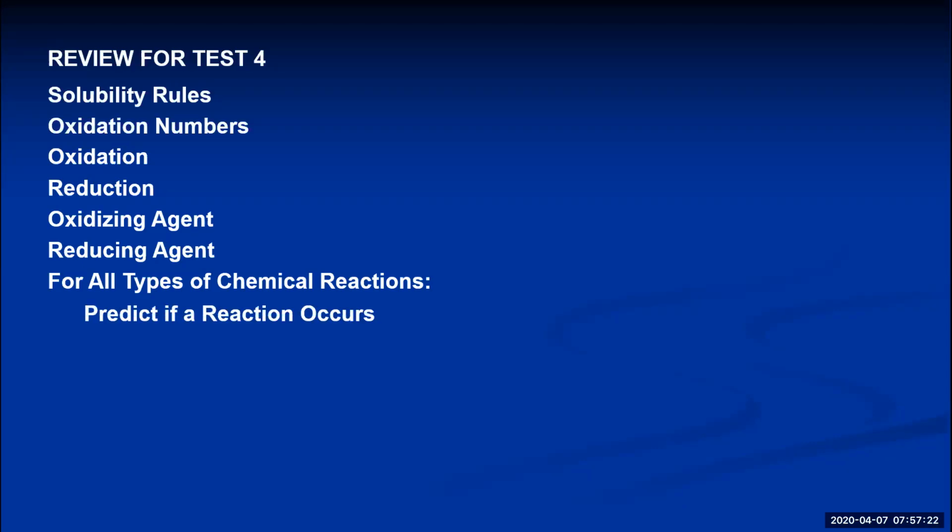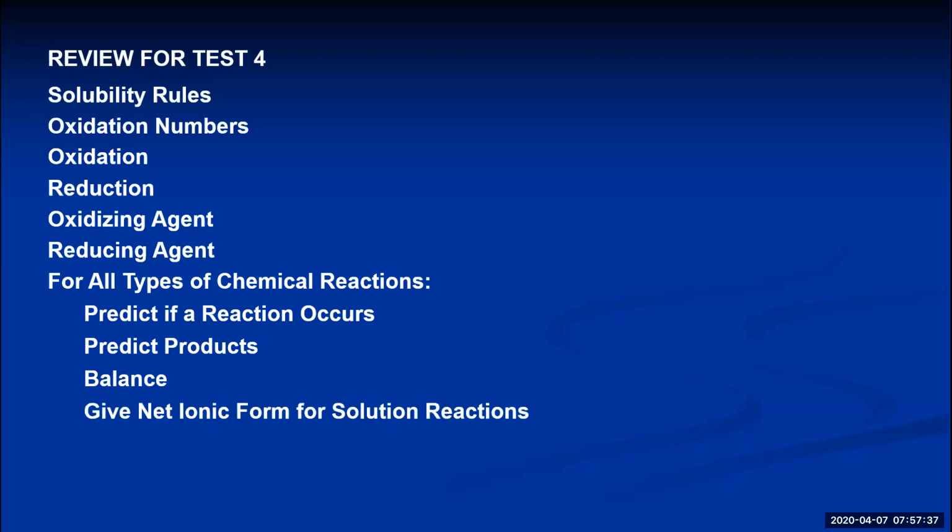For each of those, I would like you to be able to predict if a reaction would occur if I give you some reactants, be able to predict what the products are for the chemical reaction, write me a balanced equation, and then if it's a reaction that occurs in water solution, give the net ionic form for those water solution reactions.